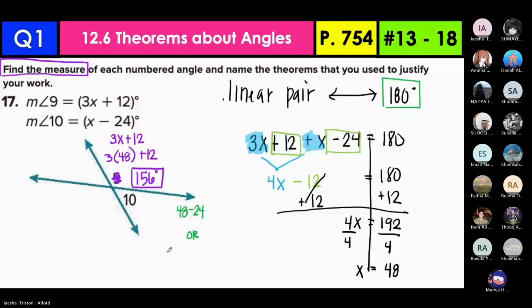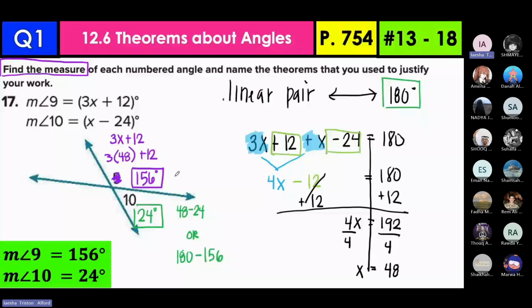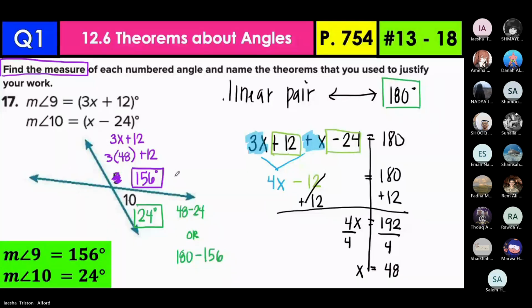So 180 subtract 156. Either one, both of them are going to give you 24 degrees. Any questions about number 17? No. All right. Last one.